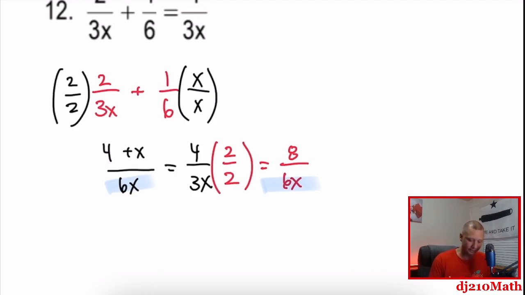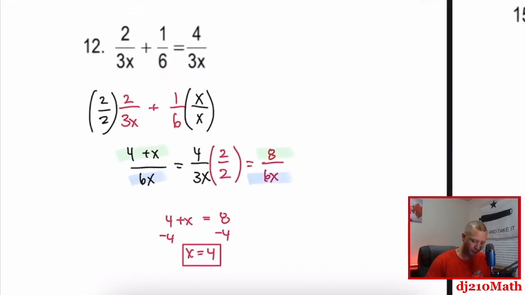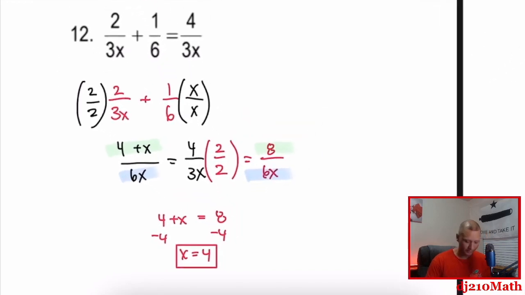I can simply set the numerators equal to one another, and that's going to get us what we want. So 4 plus x is equal to 8. And this is going to be minus 4. So x is equal to 4, which is different from 0. So we're good. So yes.